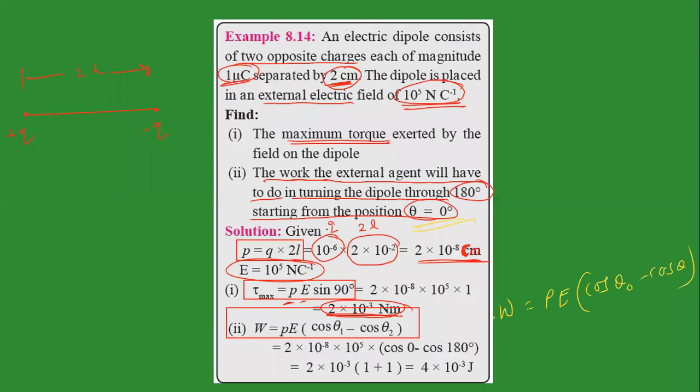Then P is 2 into 10 raised to minus 8 multiplied by E, 10 raised to 5, times (cos 0 minus cos 180). Cos 180 is minus 1 and cos 0 is 1, so 1 minus minus 1 is 1 plus 1, which is 2. So 2 into 10 raised to minus 3 into 2 gives the answer 4 into 10 raised to minus 3 joule.